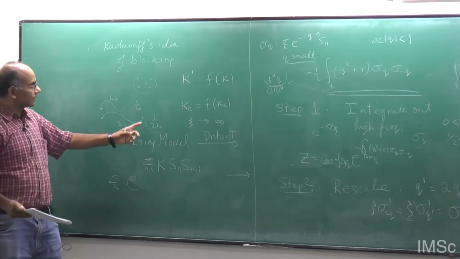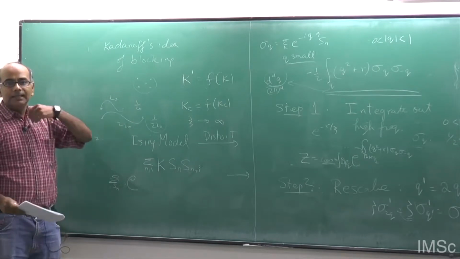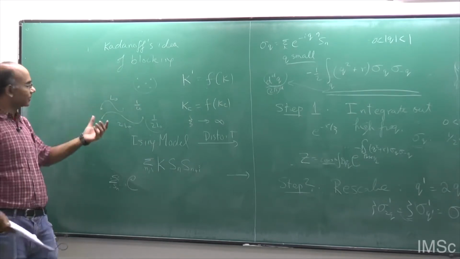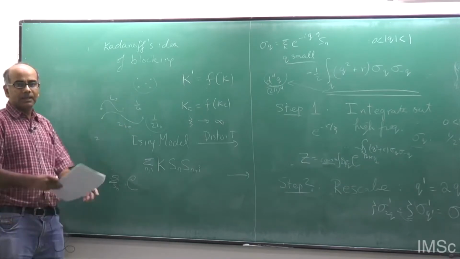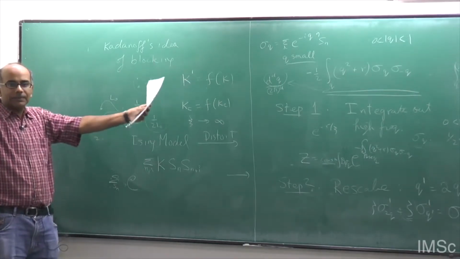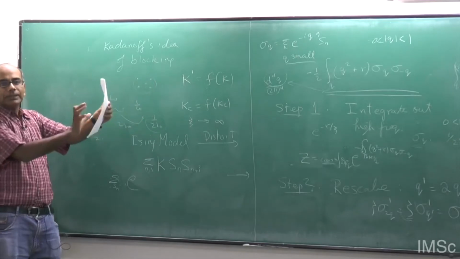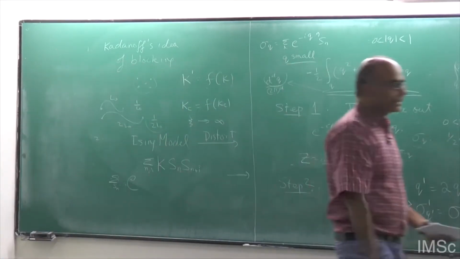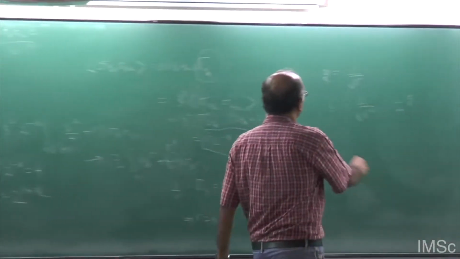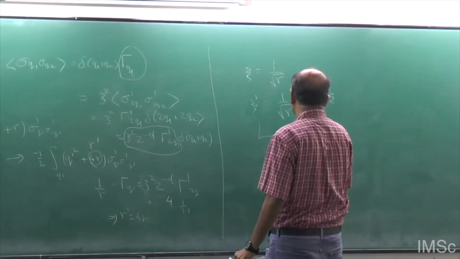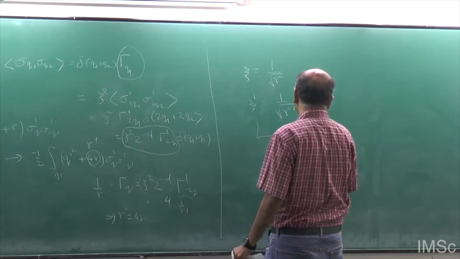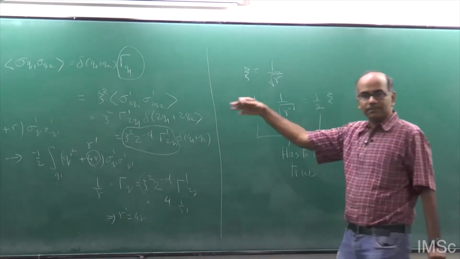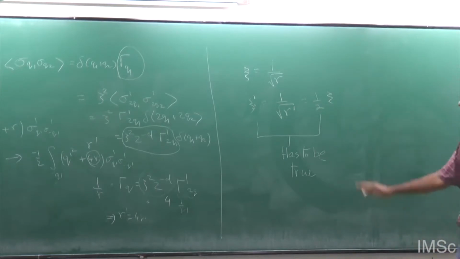So this fact that xi prime is half of xi has to come out no matter how complicated the Hamiltonian, because it just comes from dimensional analysis. The correlation length is the same, it's the same system, and your units have changed by a factor of 2, so it has to become half. So this is a consistency check. The other things depend on the details of the calculation, but this had to come out.